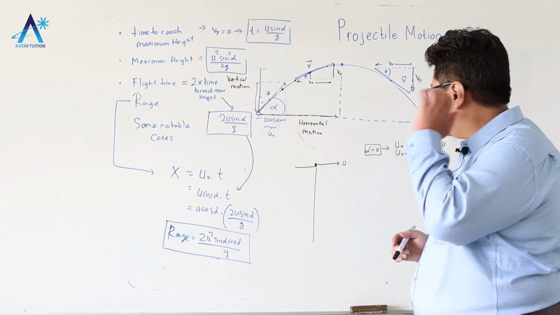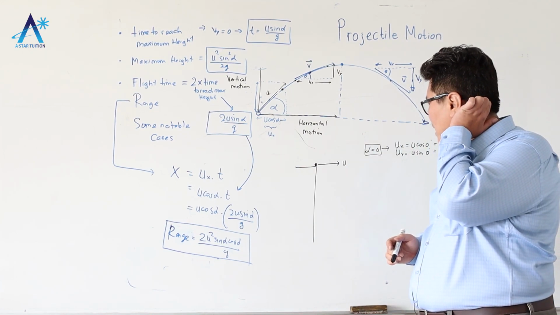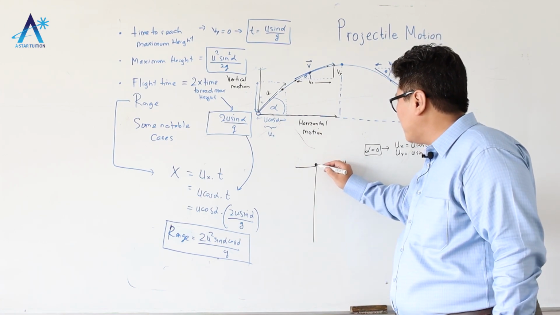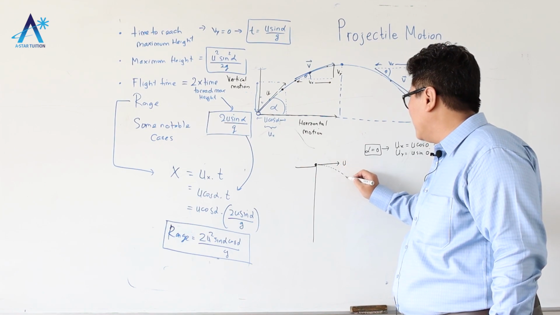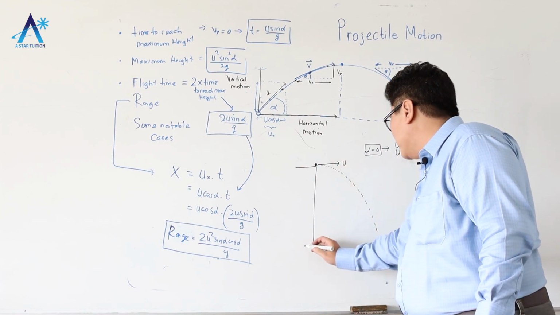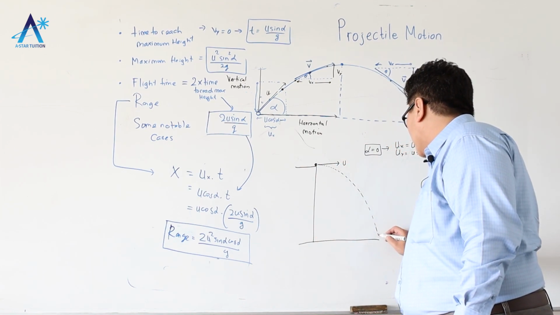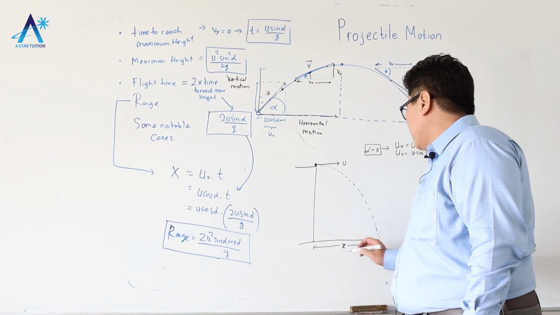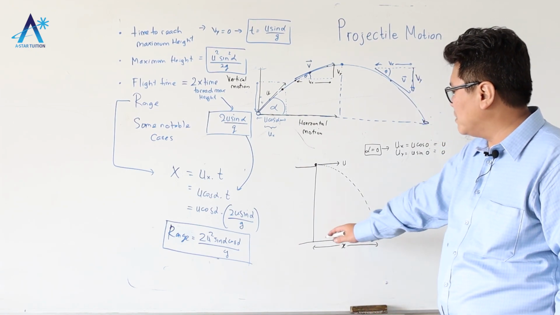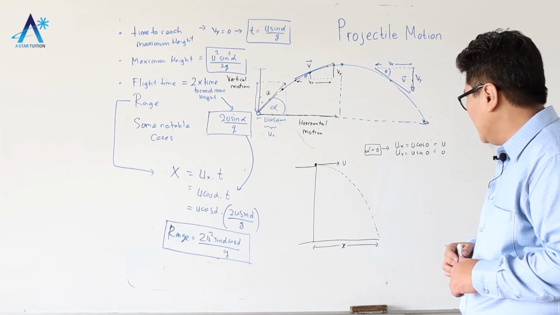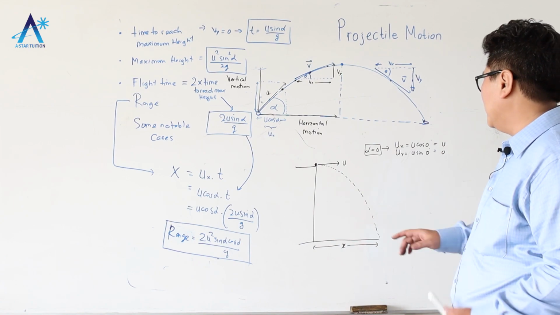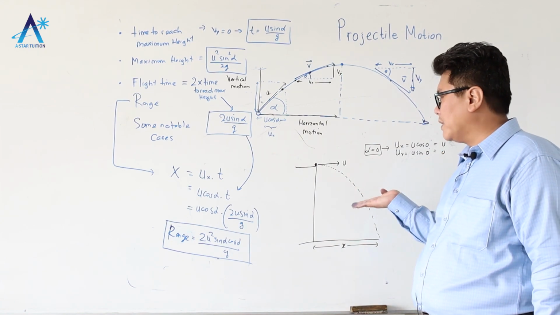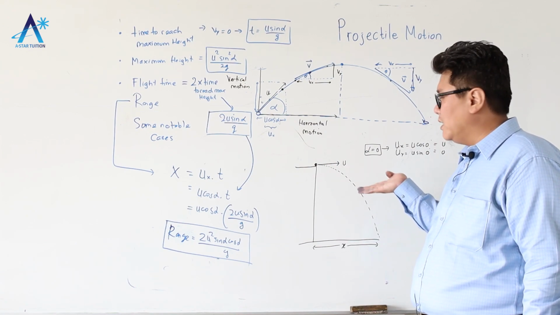Now, usually a question asks you to find the height of the building, and also, once the particle hits the ground, which is the base of the building, what is the horizontal distance from the foot of the building? Again, alpha is equal to 0, so the angle between the initial velocity vector and the horizontal is 0.